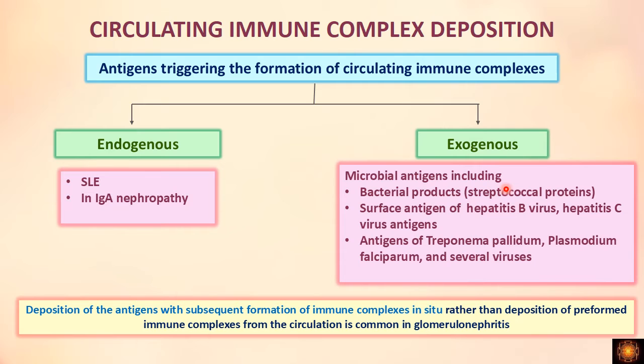So they will be circulating in the blood flow, and once this blood reaches the glomerulus, they get trapped in the glomerulus. Similarly, we have antigens of Treponema pallidum, Plasmodium, and several other viruses. So out of these mechanisms, in situ immune complex and circulating immune complex, the most common cause for glomerulonephritis is the planted antigens, to which we have the antibody formation and subsequent immune complexes. That's the most common cause for glomerulonephritis.